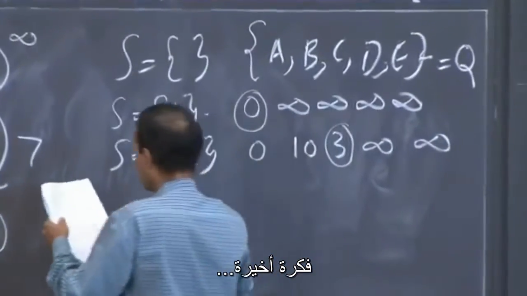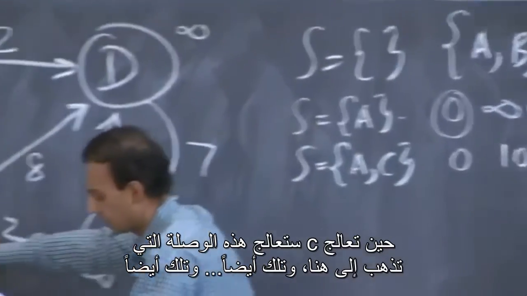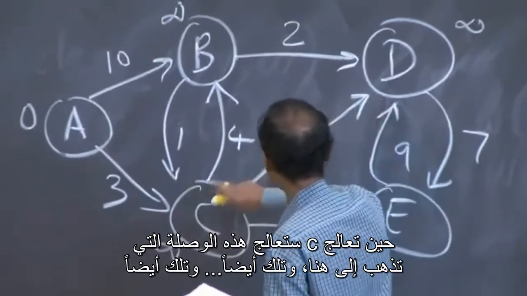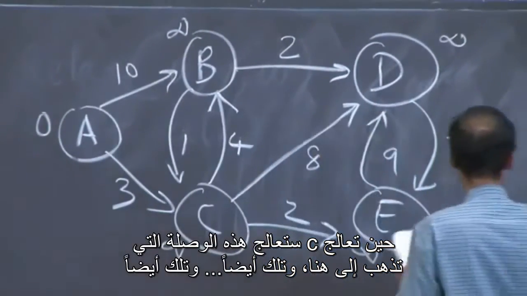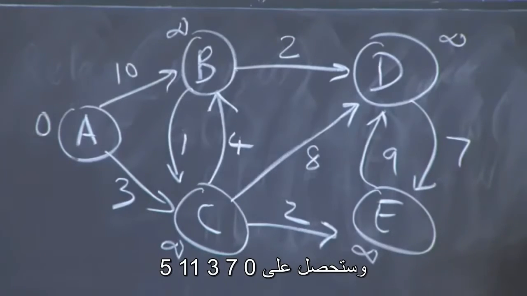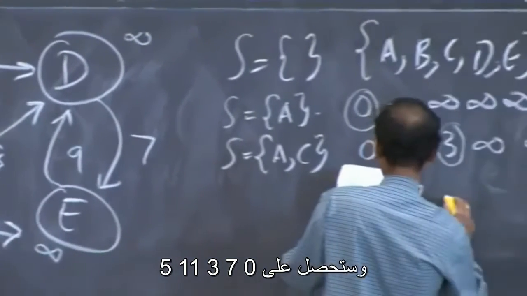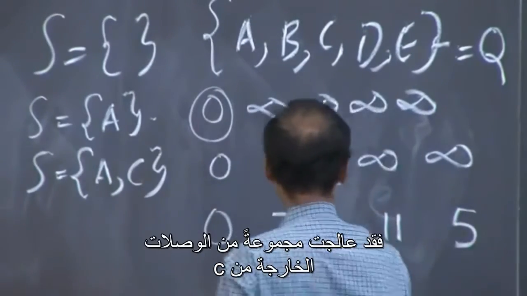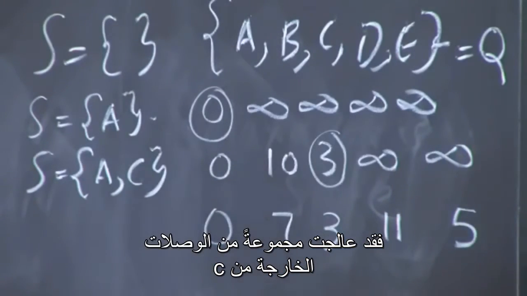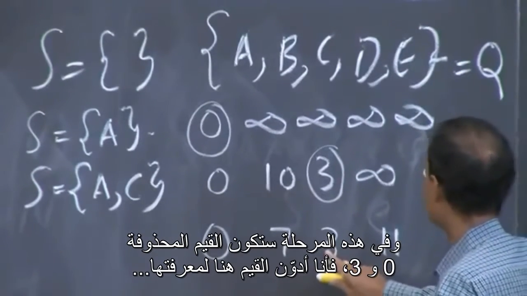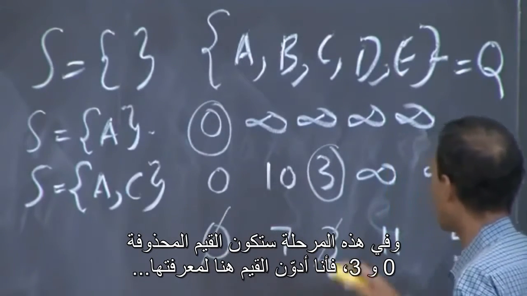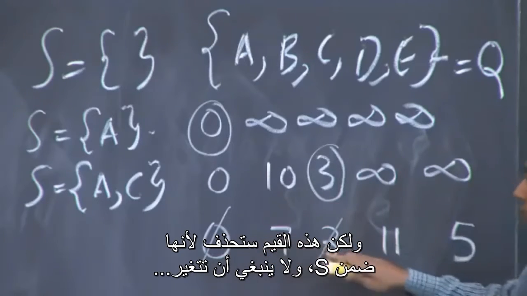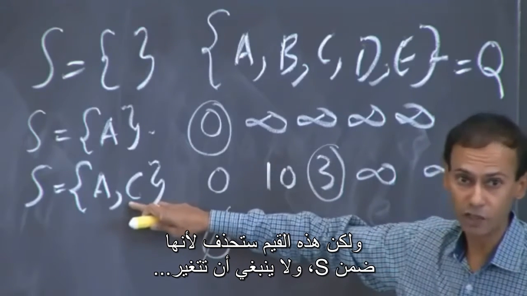Once you process C, you process this edge going out here, that edge going out there, and this edge going out this way. You end up with 0, 7, 3, 11, 5. You've processed a bunch of edges coming out of C. At this point 0 is gone and 3 is gone. I'm just writing the values here so you know what they are, but they're out of the picture because they're in S. Those values should never change.